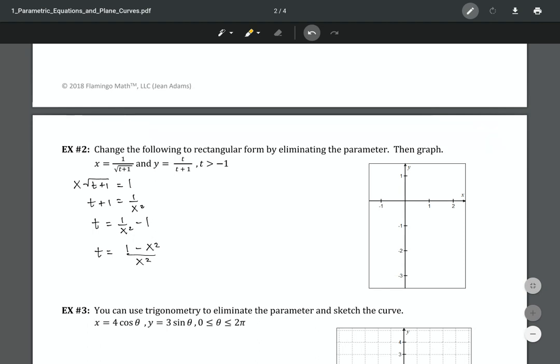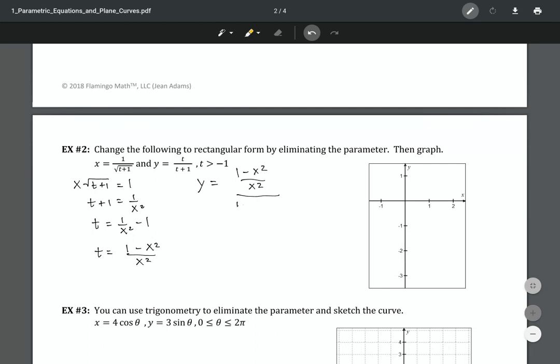All right, so now on the other side, I'm going to use this y function. You could do it either way, but on this y function, I'm going to replace the t that I have with what I just found, which is 1 over x squared, all over t plus 1.